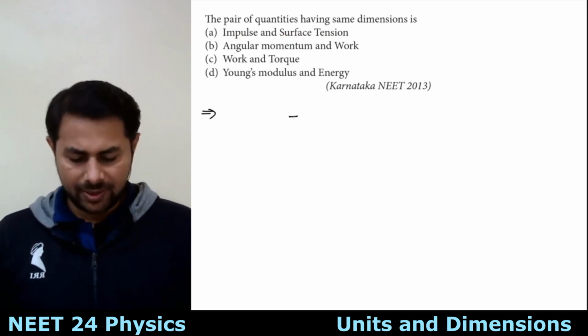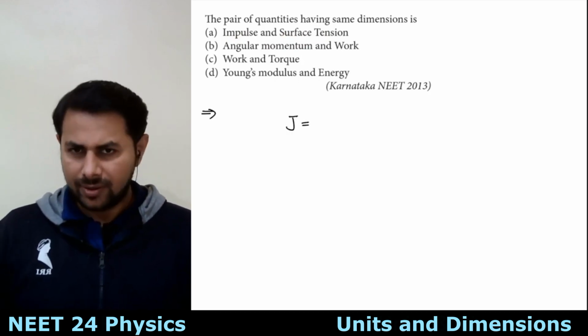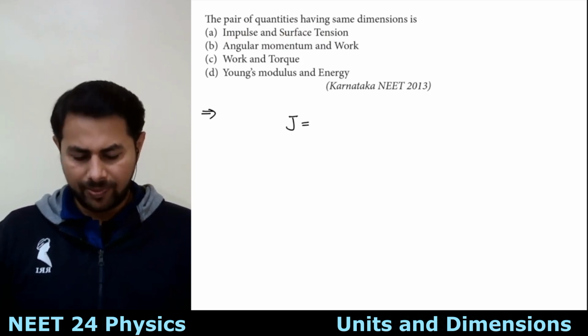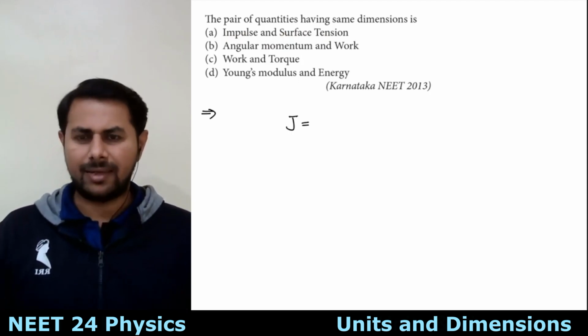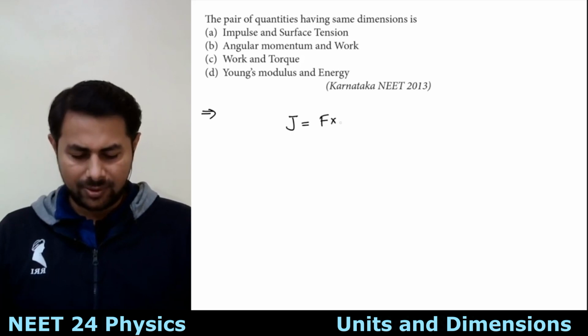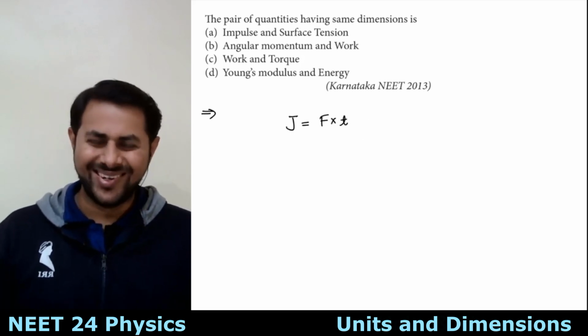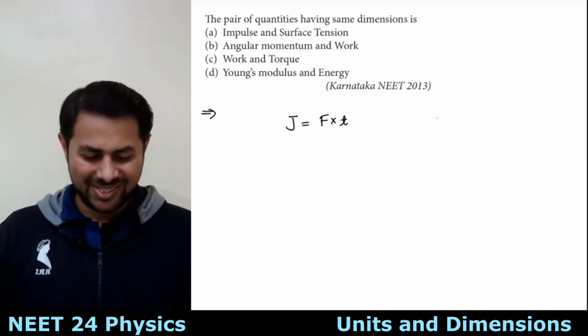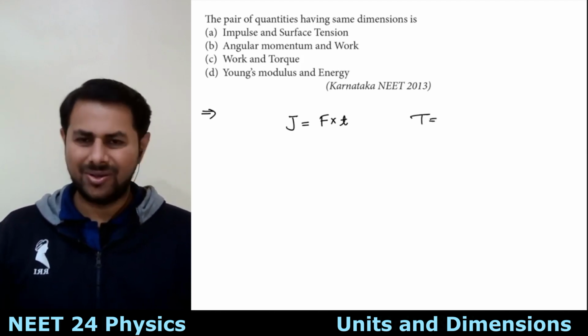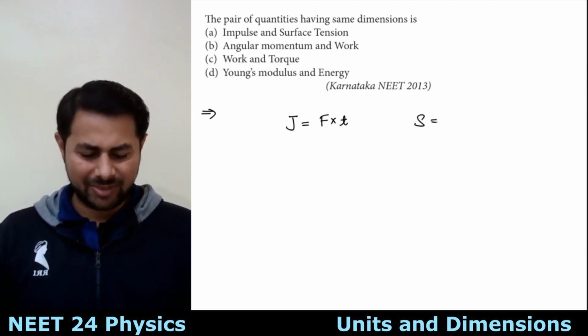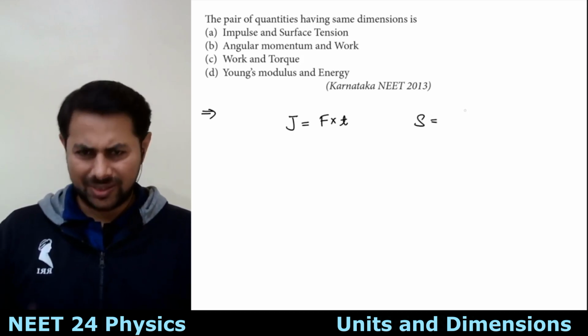Impulse is force multiplied by time. Surface tension is force per unit length. Let's write S for surface tension. Okay, it is option C.